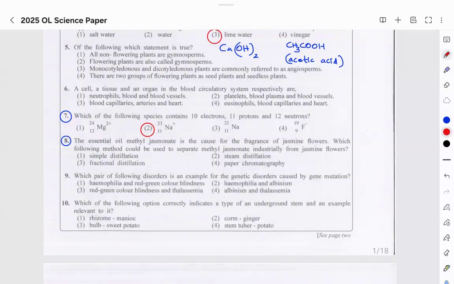Okay. So look at this one. The essential oil methyl jasmonate is the cause for the fragrance of jasmine flowers. Right? Picture mark, jasmine flowers. Which following method could be used to separate methyl jasmonate industrially from jasmine flowers?